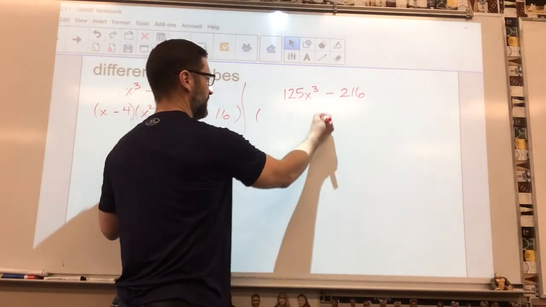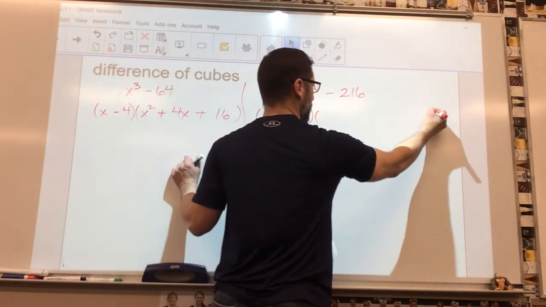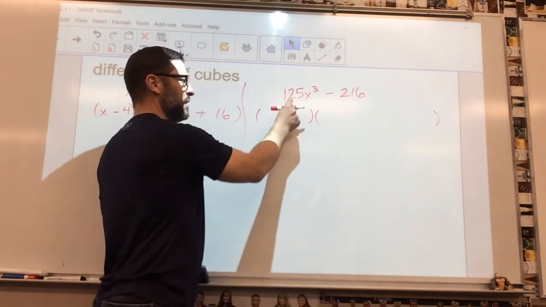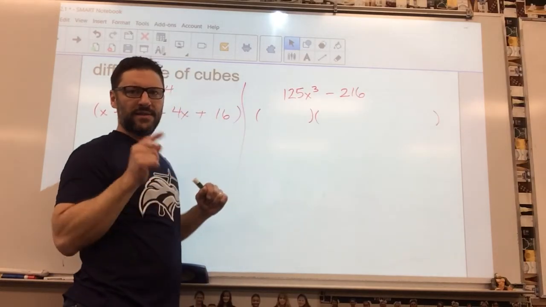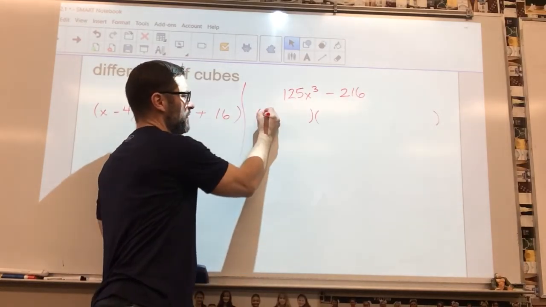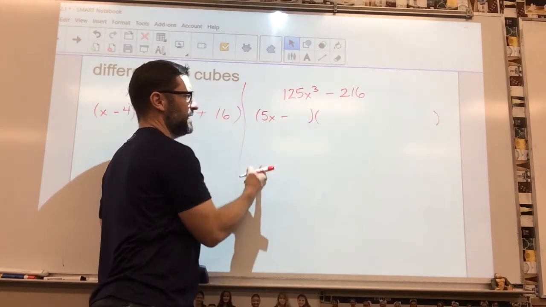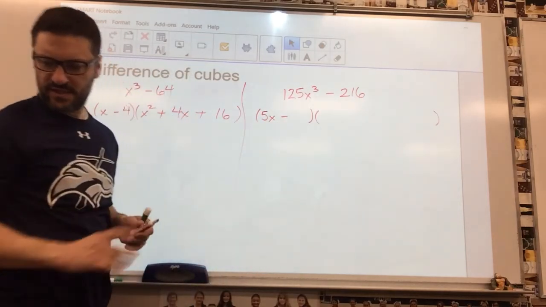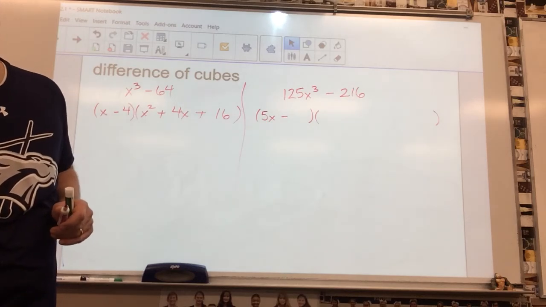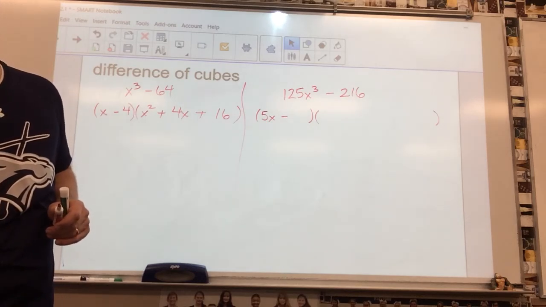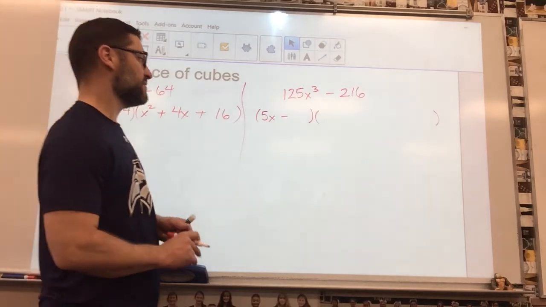Okay, it's difference of cubes. We know it's going to be a binomial and a trinomial. The cube root of 125, 5 times 5 times 5 is 125, so I put a 5 there. Cube root of x cubed is x. And 6 times 6 times 6 is 216. I think that's right. 6 times 6 times 6 is 216, so that's right.